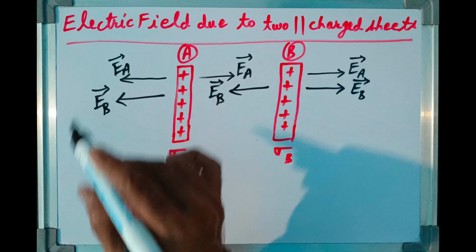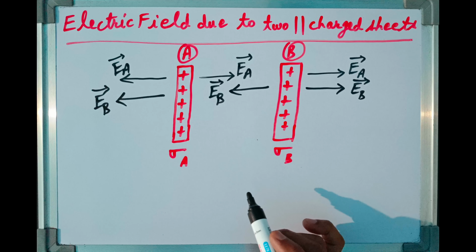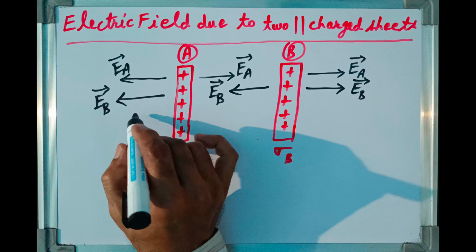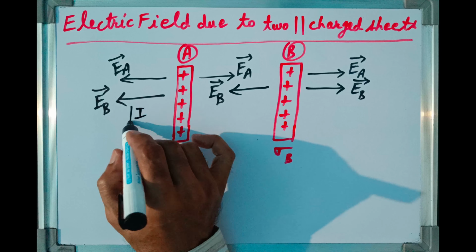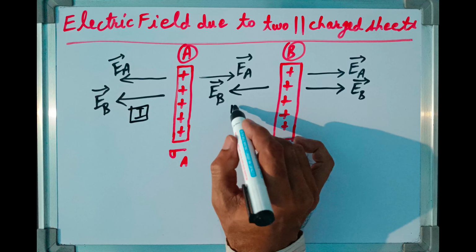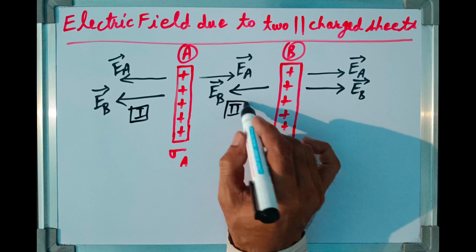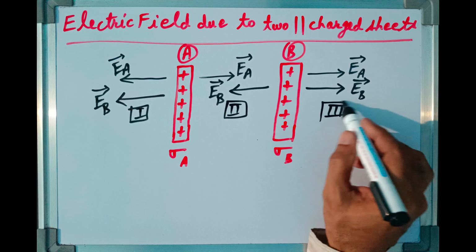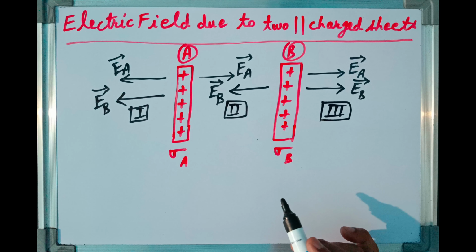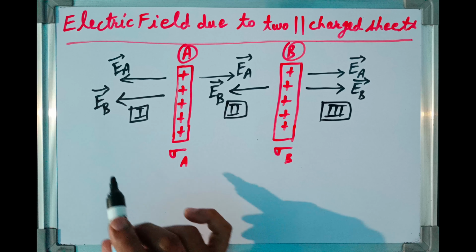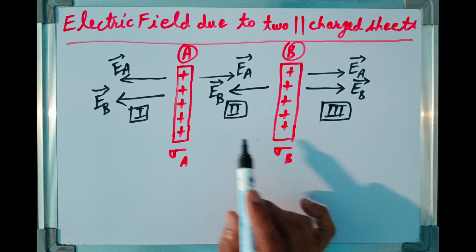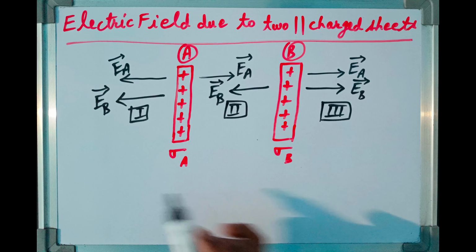Now this whole space around the two sheets can be supposed to have three portions. Let me call this as portion number 1, this portion middle of the two as portion number 2, and this portion as portion number 3. I will derive expression for electric field total in portion 1 separately, portion 2 separately, portion 3 separately.